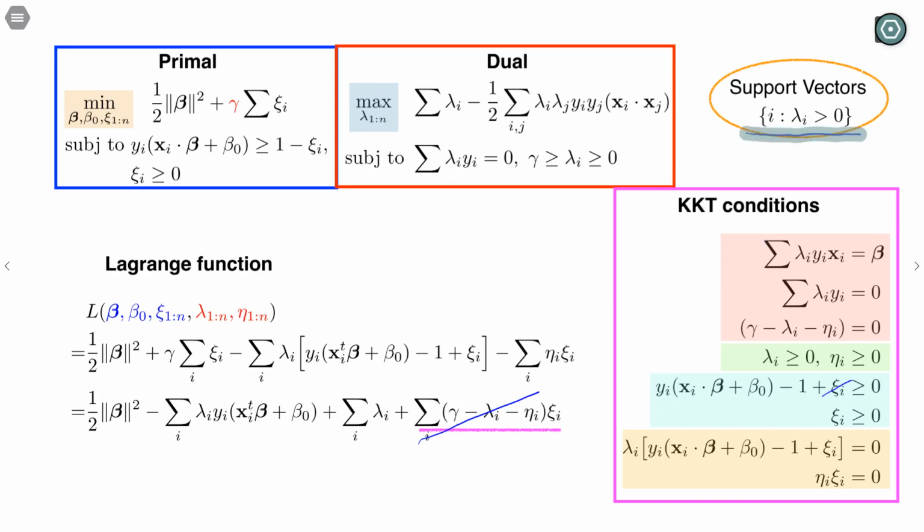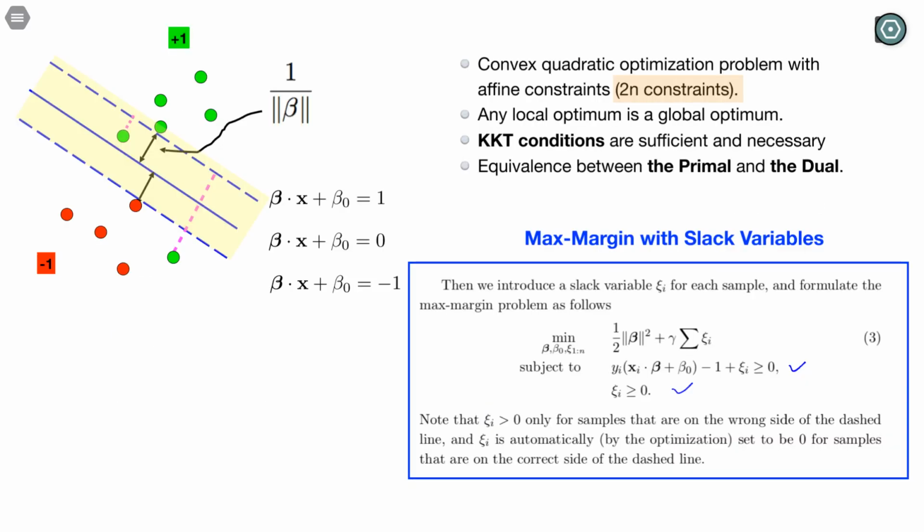Now let's look at which data points are going to be support vectors. A support vector is a data point with a non-zero lambda i. So let's look at the data points and divide them into three groups. The first group is the data points on the correct side of the dashed line.